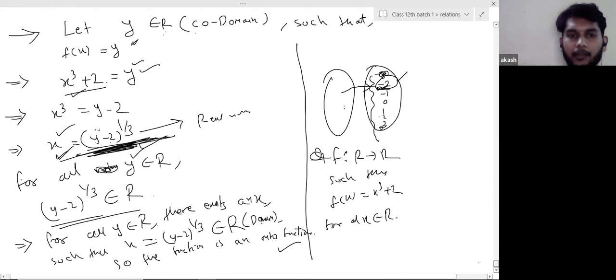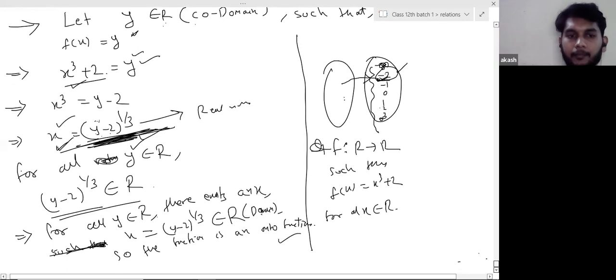Rewrite the sentence anywhere. There exists an x such that y equals x cubed plus 2.